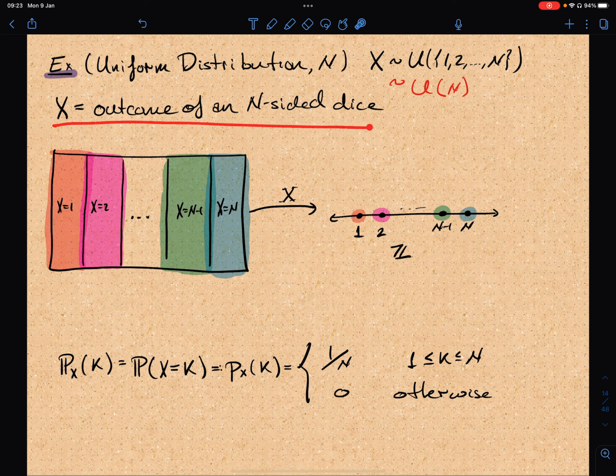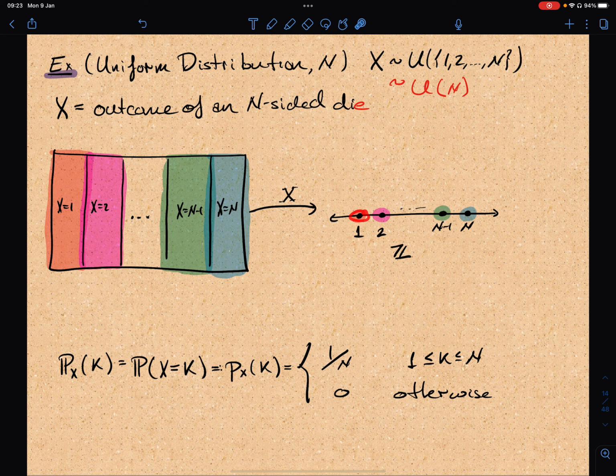But the way to think about this is that x, this random variable, is going to be the outcome of a roll of an n-sided die. And in here, the possible outcomes are going to be 1 through n after you roll the die.